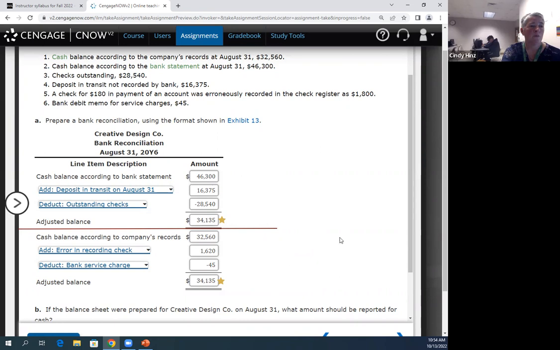Now, one other note before we keep going. Scroll down. One other note, where it says deduct outstanding checks, if this was a real bank reconciliation, you would have a list of all of those checks. Check number, who the payee was, who was receiving the check, the date, and the dollar amount.